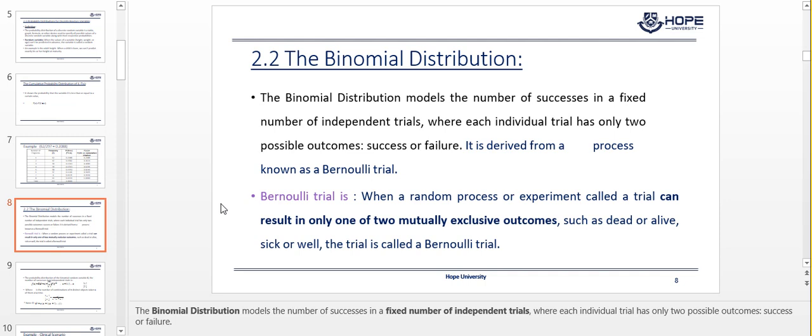It is derived from a process known as the Bernoulli trial. A Bernoulli trial is a random process or experiment, or we call it a trial, that can result in only two mutually exclusive outcomes, either dead or alive, either sick or well. This kind of trial we call a Bernoulli trial.